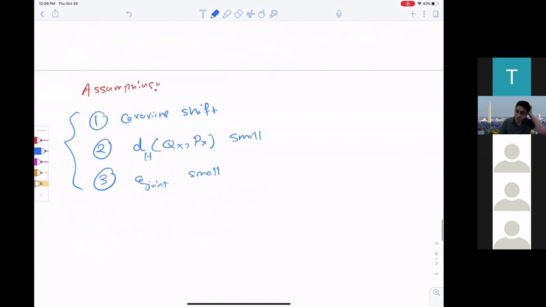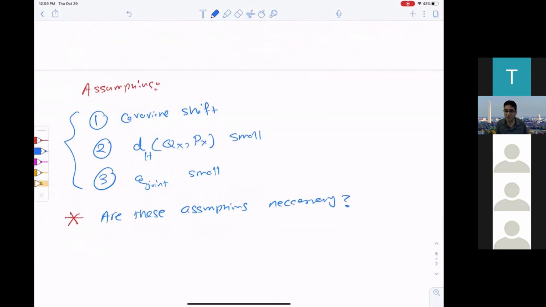One question that some of you ask, and folks have asked in the literature, is: are these assumptions necessary or sufficient? Which of these assumptions are sufficient in order to argue that domain adaptation is going to be successful?